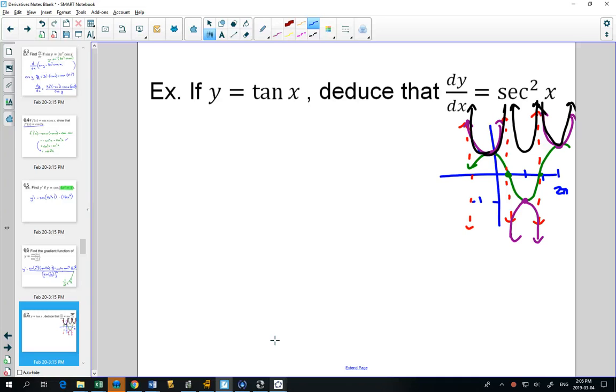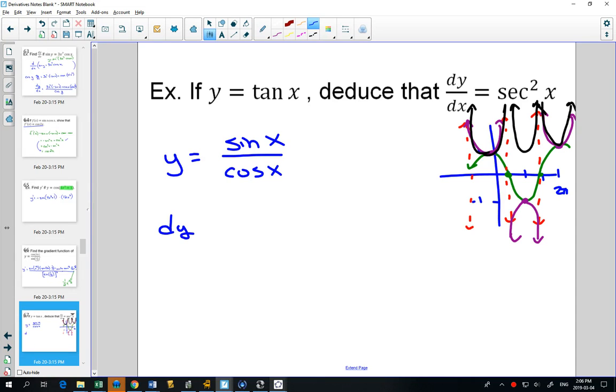But what could you do with tan? What's another way I could write tan? Sine over cos. And then if it's sine over cos, I could find the derivative of that. Can you see that that's a quotient rule? And you know the derivative of sine, you know the derivative of cos.